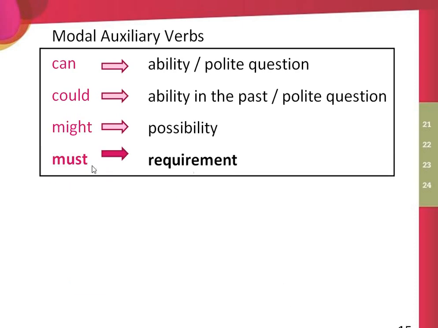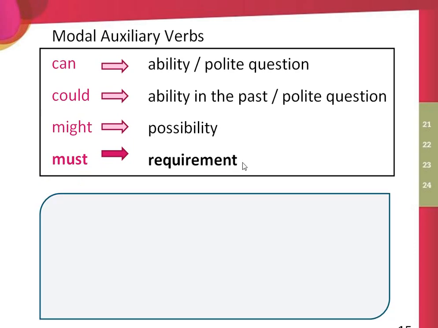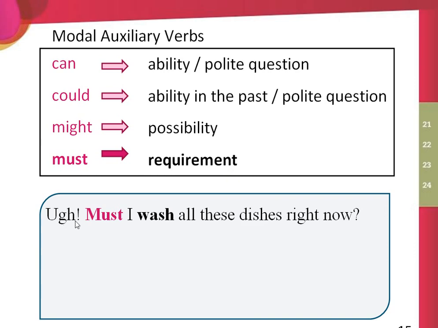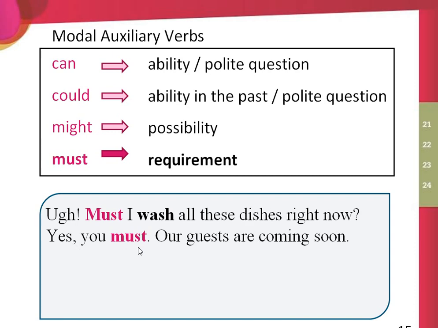The number 4 we have must, which is used for requirement. The example sentences, must I wash all these dishes right now? Yes, you must. Our guests are coming soon.